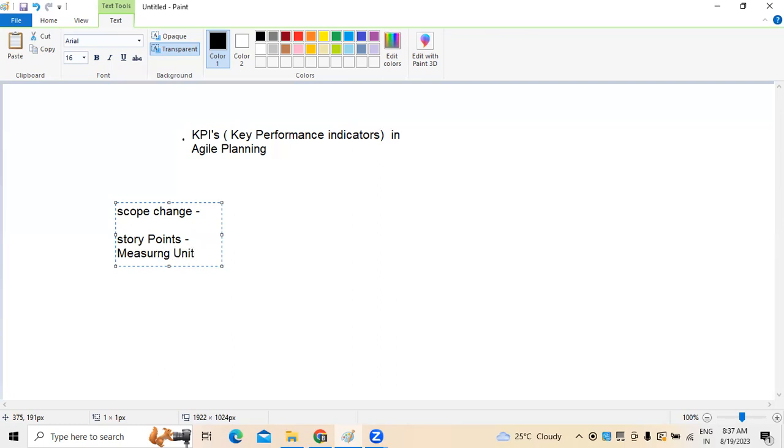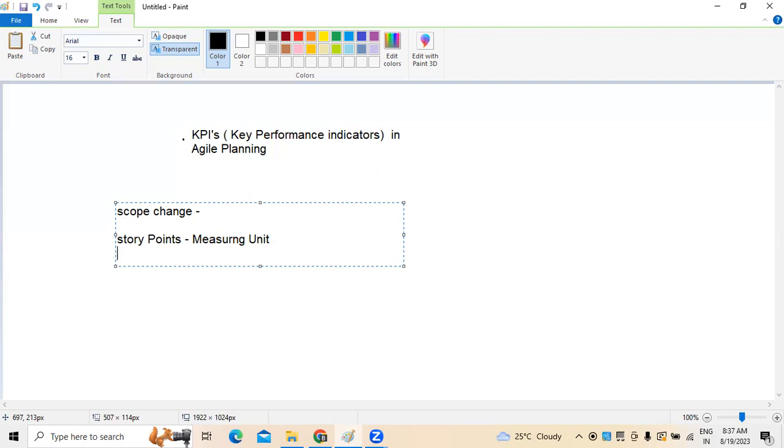Because we have two different options: either we can take story points, or else we can take a task directly and calculate the effort in hours, days, and so on. But I'm taking story points as a measuring unit.